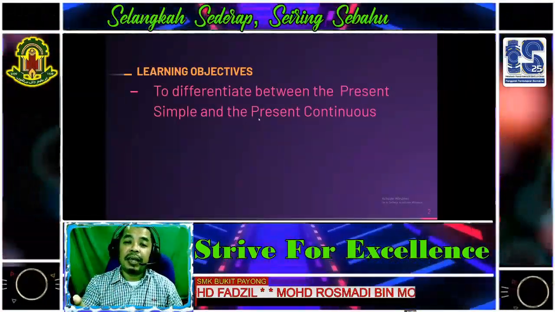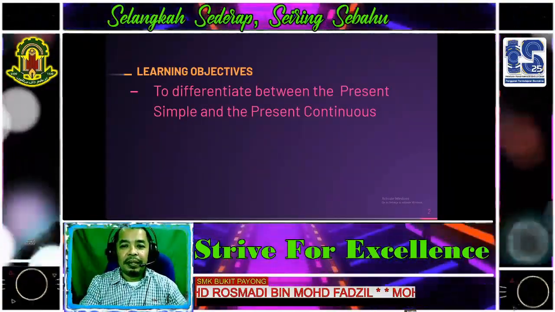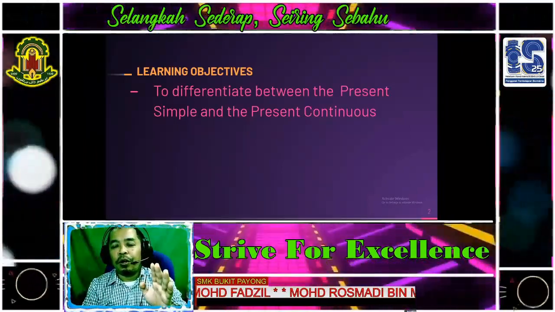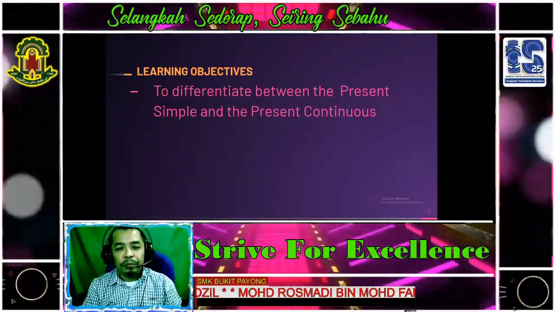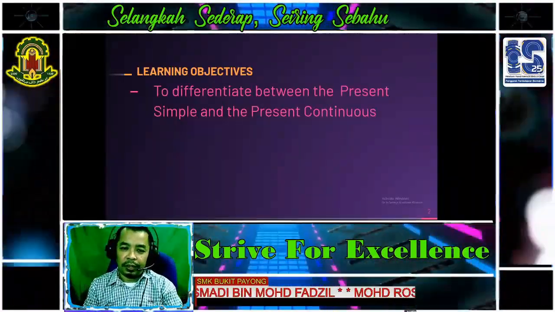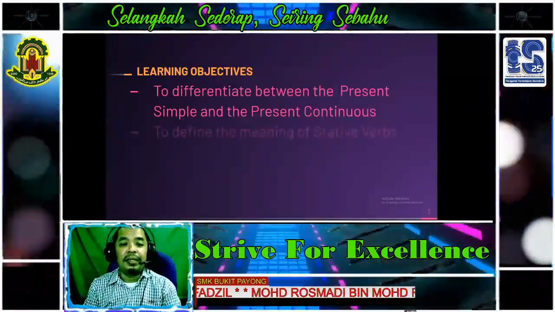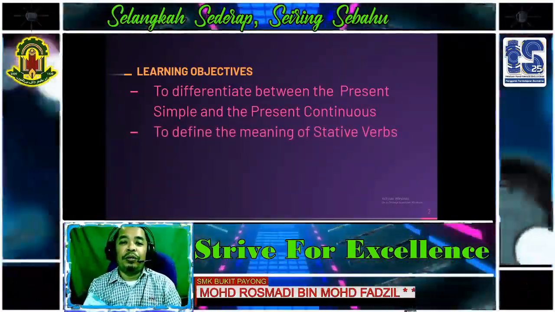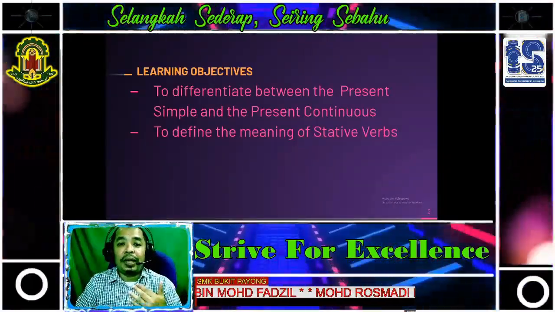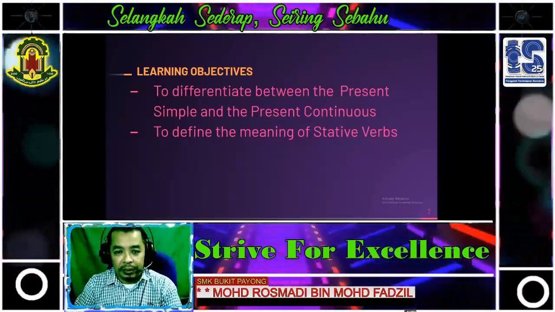This is just like a revision for you, macam ulang kaji, because we have learned this before during your lower form, or maybe in your primary school. And at the end of the lesson, you can also define the meaning of stative verbs.